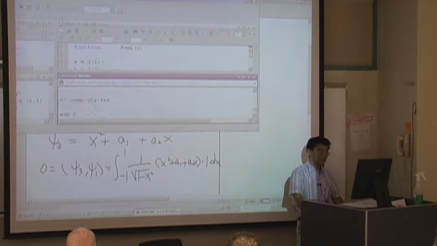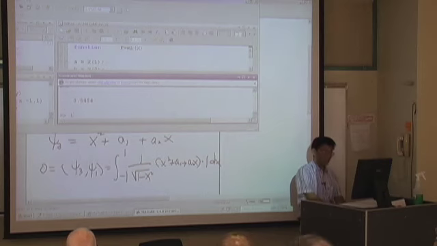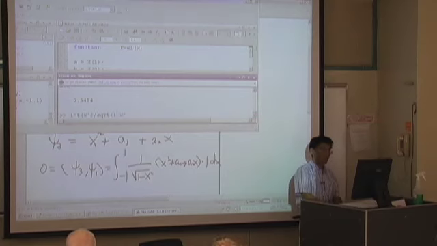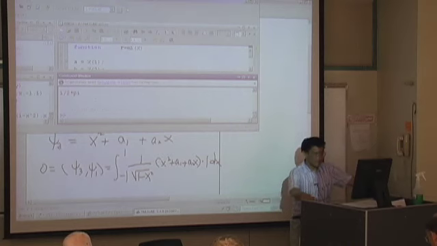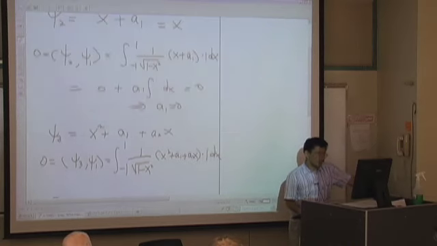So integrate x squared over the square root of 1 minus x squared from -1 to 1. This will give us 1/2 times pi, right?